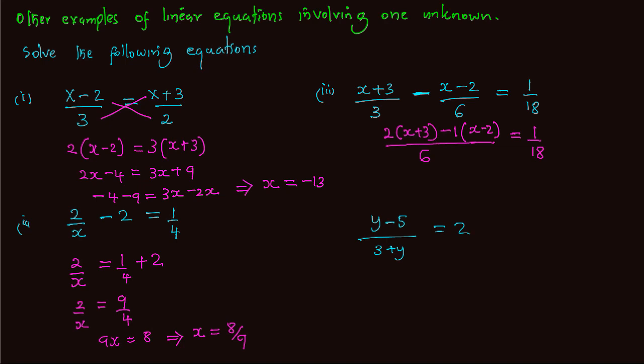We open the first bracket, we'll get 2x plus 6 over 6 is equal to 2x plus 6 minus x plus 2 over 6 is equal to 1 over 18.